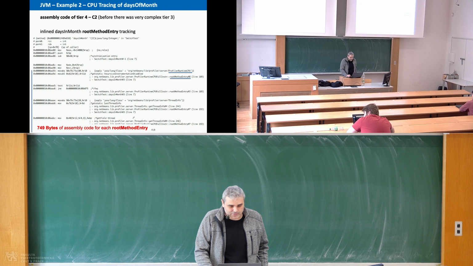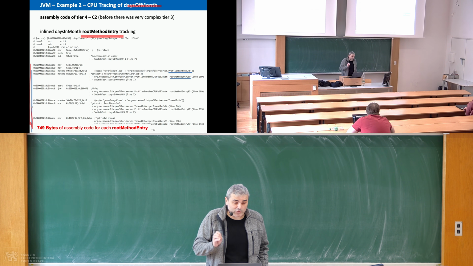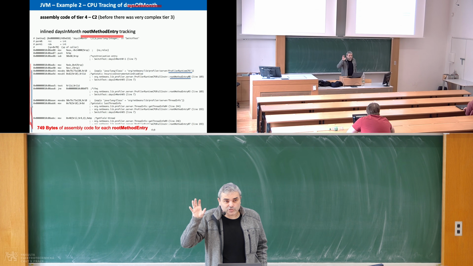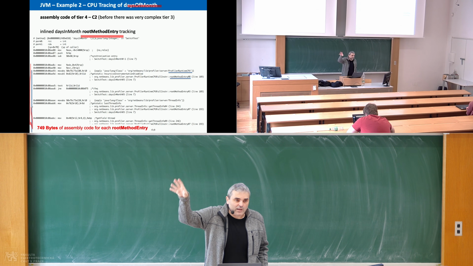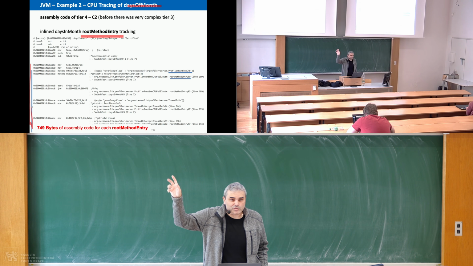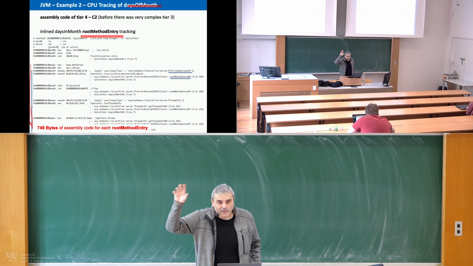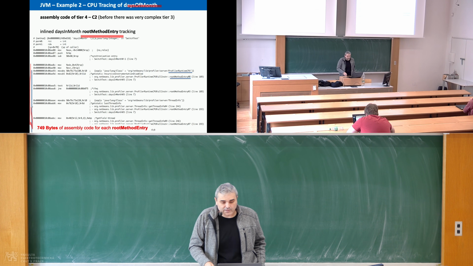Some examples. Days of month, our example, enable CPU tracing, and you can see a lot of code was added just because of tracing of this method, because it has to collect the position of the code, store it into some usually huge hash map data structure saying entering this method, that position with these arguments, etc., and it was called in this stack.